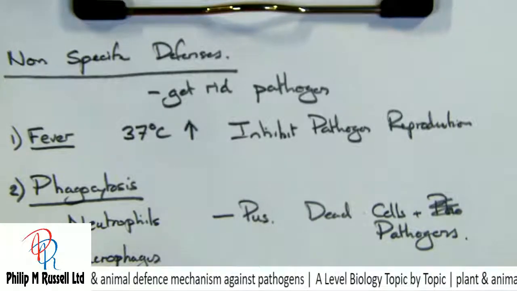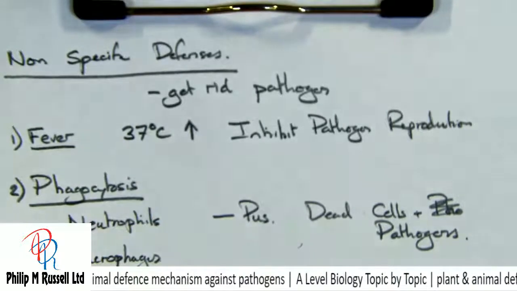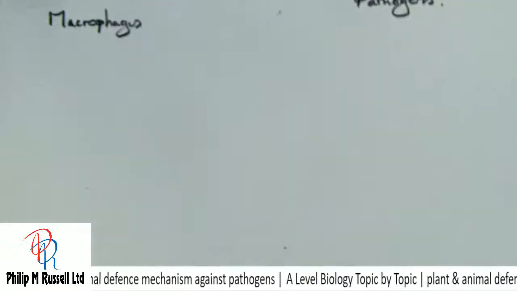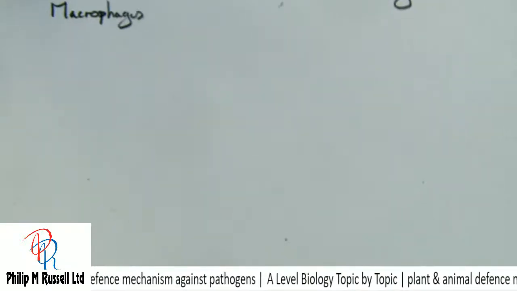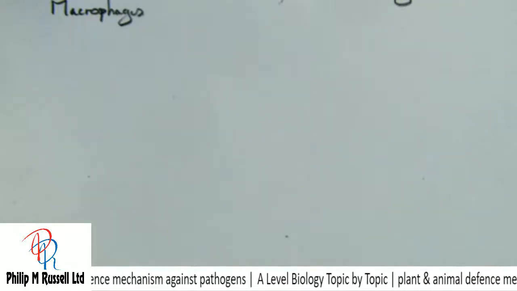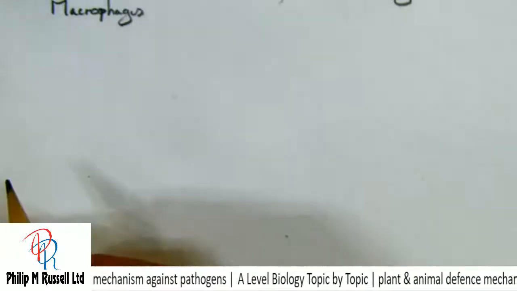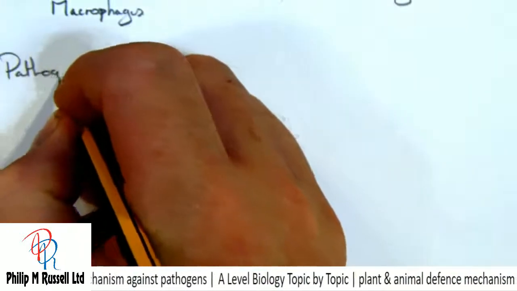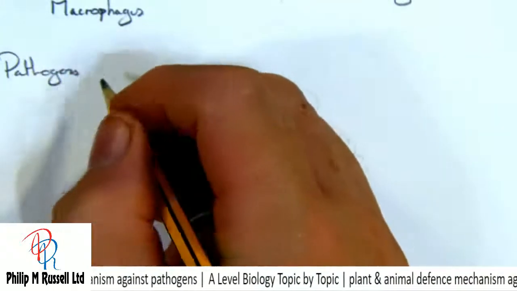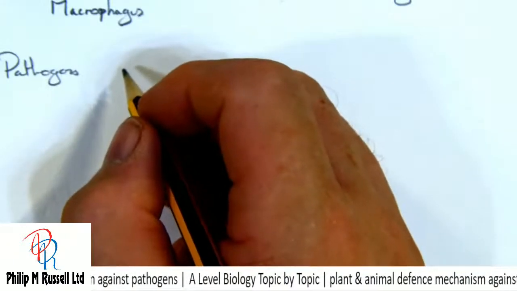Right, so let's see how these things actually work. So we've got the pathogen attracted here. We know many of the pathogens are going to produce some sort of chemical that's going to attract the phagocyte.